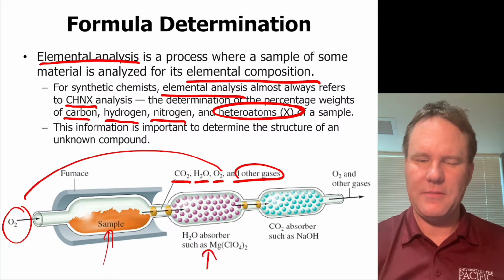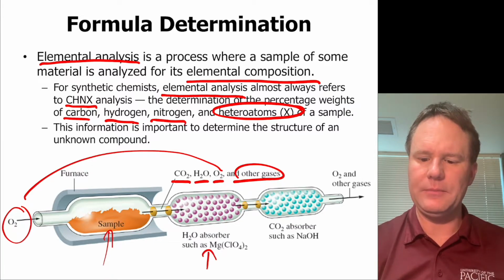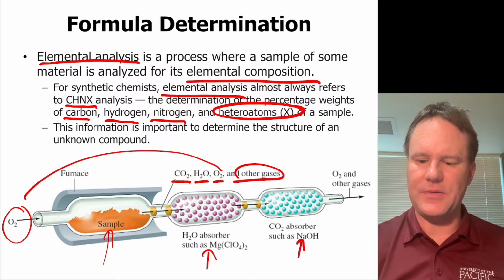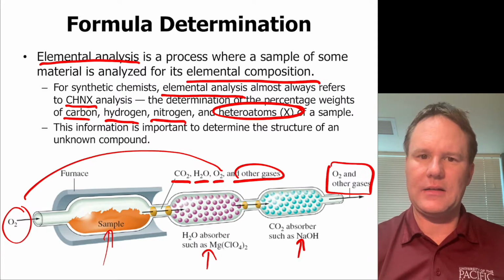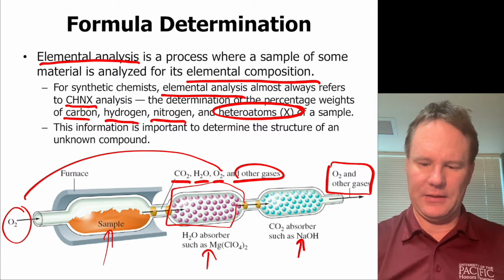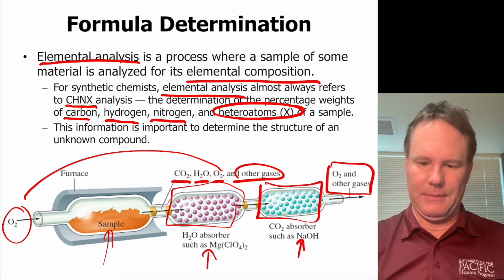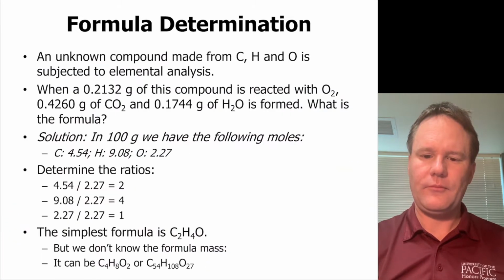Magnesium perchlorate, which will eat out all the water vapor. Then you go through a CO2 absorber, let's say sodium hydroxide, and then whatever is left, use other types of analysis. Now, how would you get the amount of water? Well, you measure the mass increase here. Amount of CO2 would be the mass increase in there. So this is an experimental analysis.